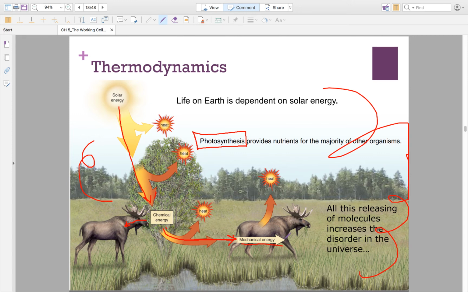Now, putting coal and all that stuff to the side, these are organic compounds that took hundreds of millions of years to develop. So that's a separate thing, and I'll discuss it in later chapters. But the most important part is to understand that all energy comes from the sun, all of it.